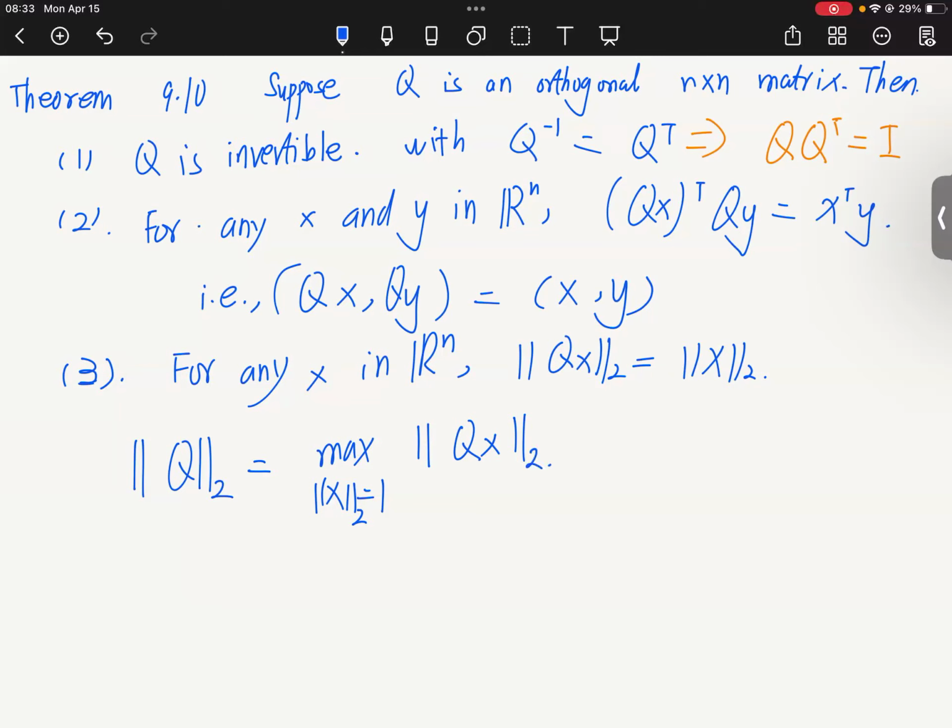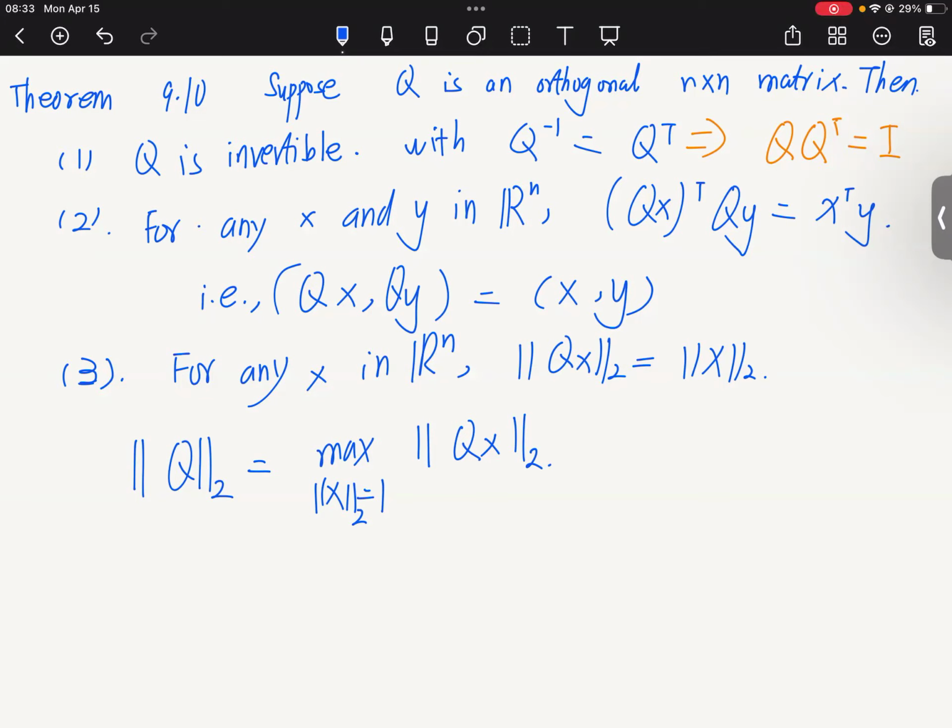This is the definition of the matrix 2-norm. If we use this definition, here x has norm 1 and this is the 2-norm of Qx. And then from this property, what's the 2-norm of Q?